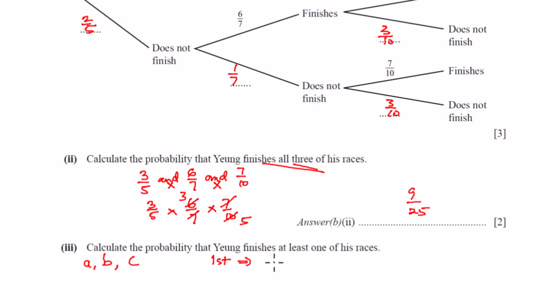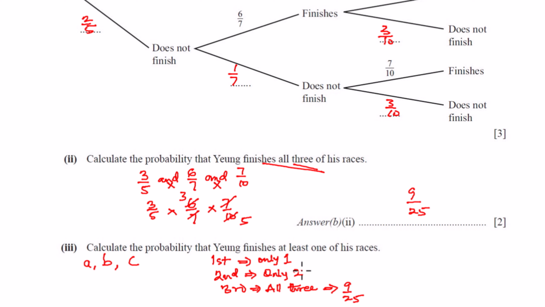So first case scenario, he finishes only one. Second case is he finishes only 2 of the races. And then the third case scenario is he finishes all 3. To finish all 3 is super easy. We already calculated that: the probability that Young finishes all 3 is 9/25.